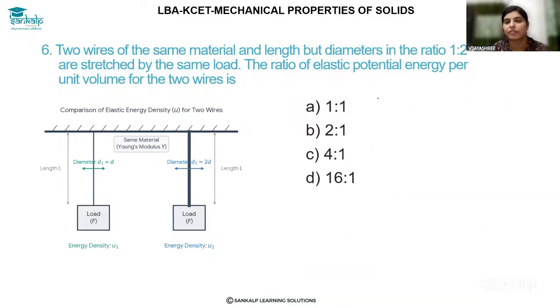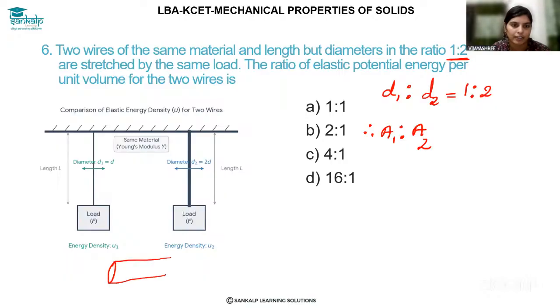Okay. So now what is the d1 to d2 ratio given? 1 is to 2. We are already given 1 is to 2. Therefore, what is the area ratio, A1 to A2? The cross-section area ratio. One wire has D1 and the other wire has D2.